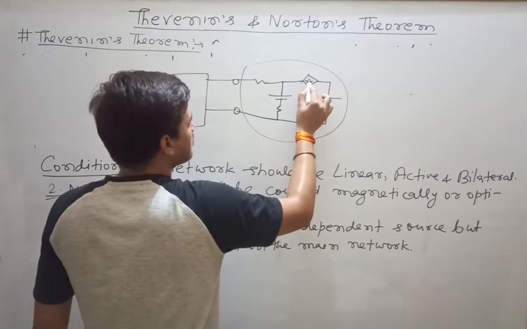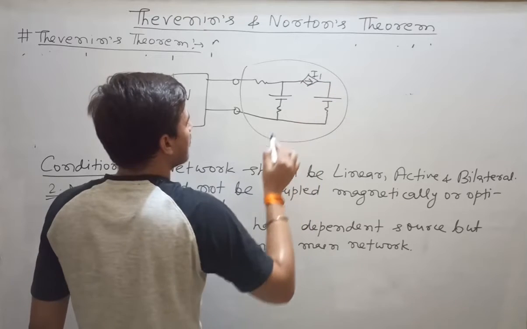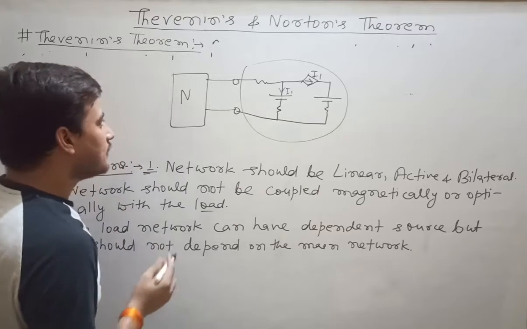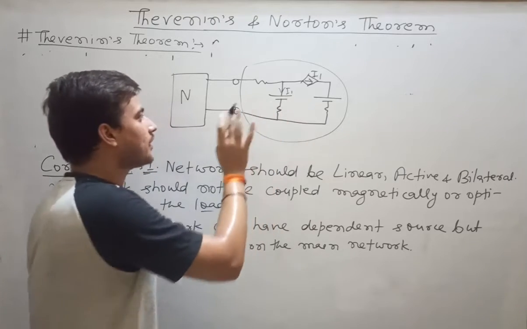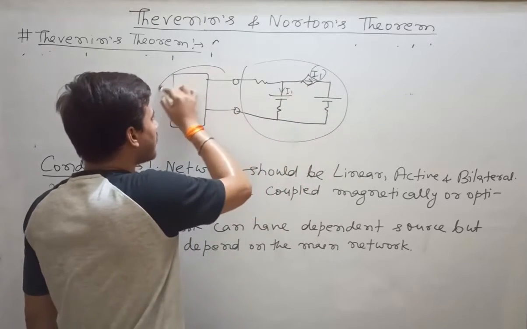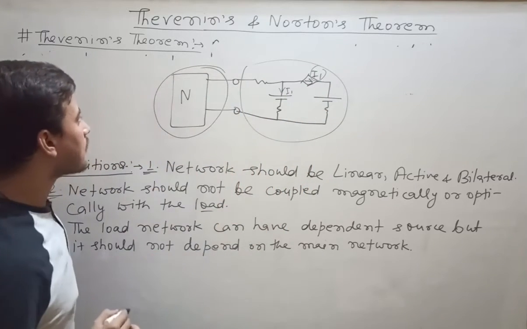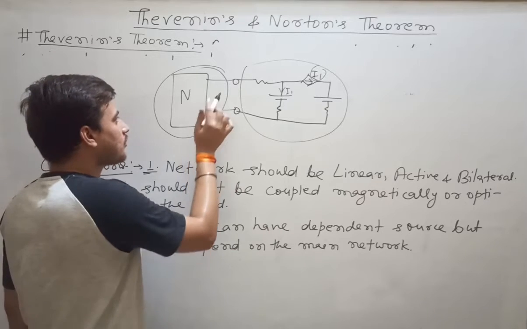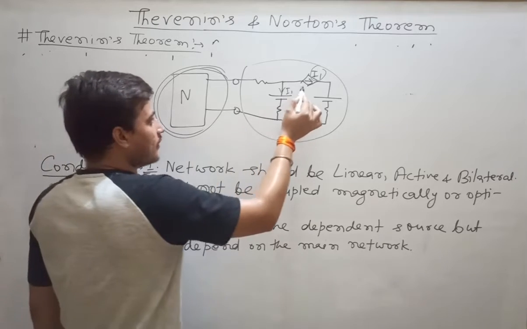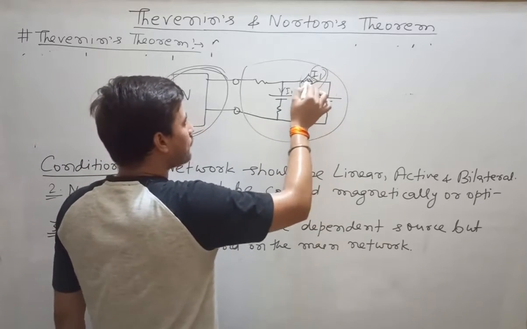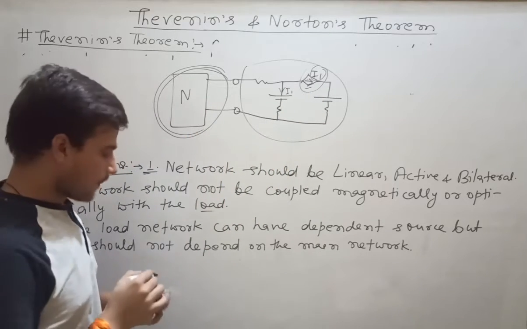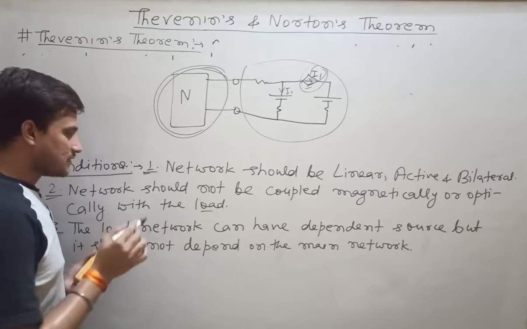Suppose this is current I1 and I1 is the current flowing in this branch. So it is saying that the load can have a dependent source, but its magnitude should not depend on the primary network or main network. Clear? Because you are going to write the Thevenin's equivalent of this network. So the value of I1, or whatever it is, should not depend on this one. Clear? So these conditions must be satisfied.